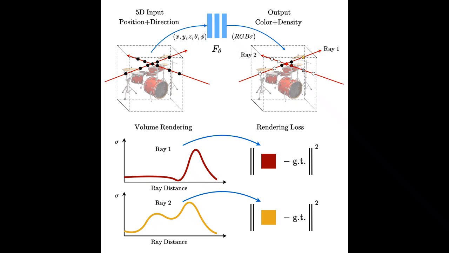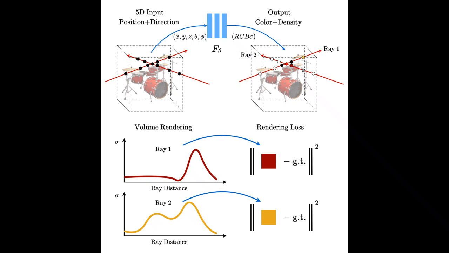The position is going to be the X, Y and Z coordinates. So we give this 5D input to the model, and the model should predict essentially the image, how the object or the view should look from the given position.